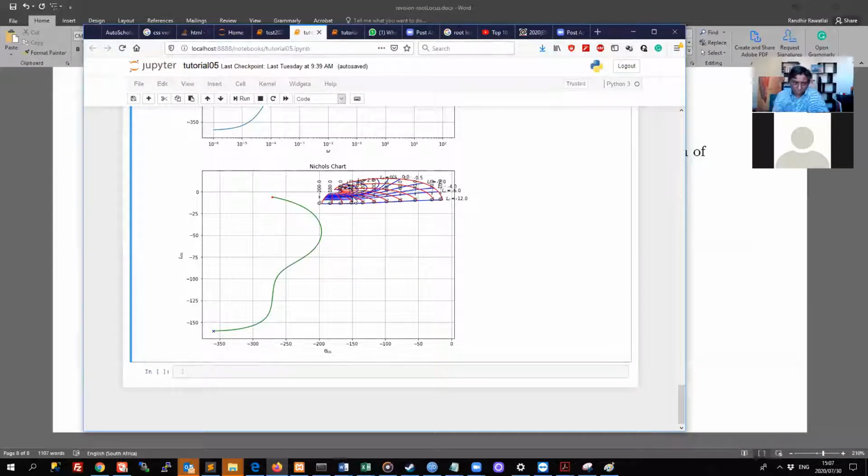So the 2 decibel line is a desirable thing, and by manipulating Kp and tau I, this whole curve can shift until it's tangent to the 2 decibel line, and then we know that we have a good controller. I think we do need another session just to have some practice with that.